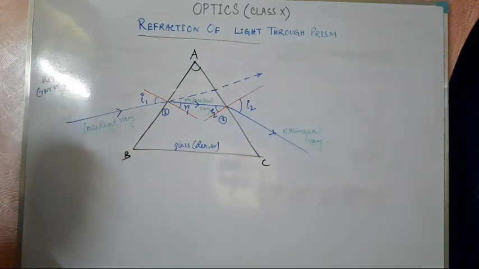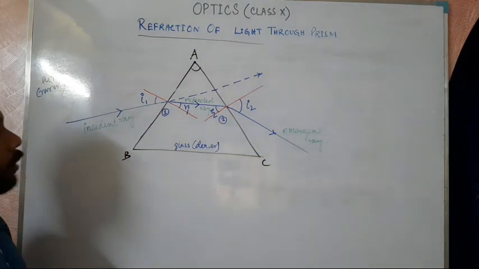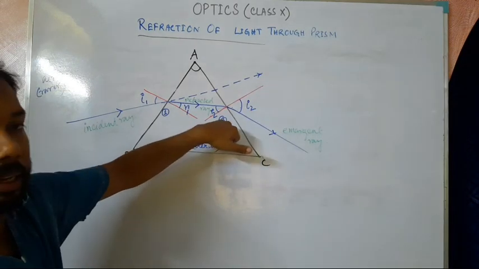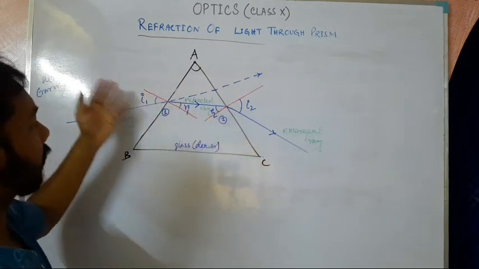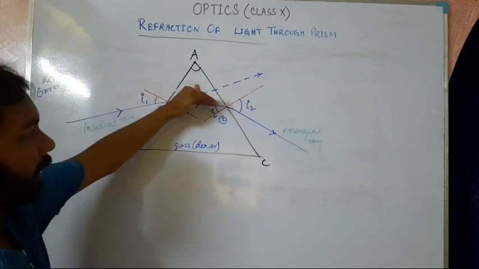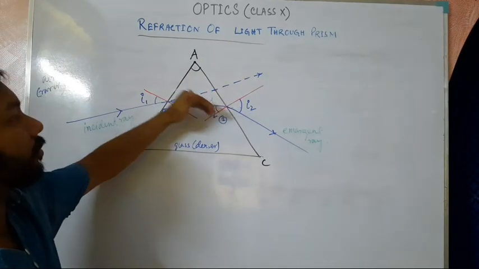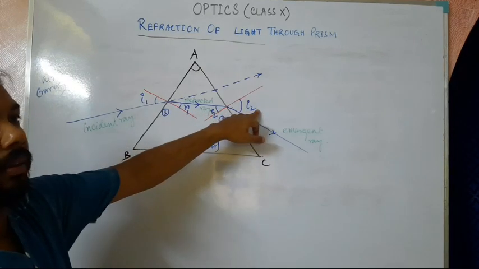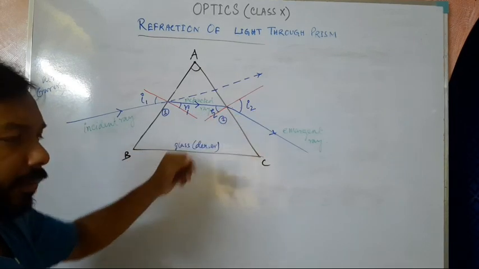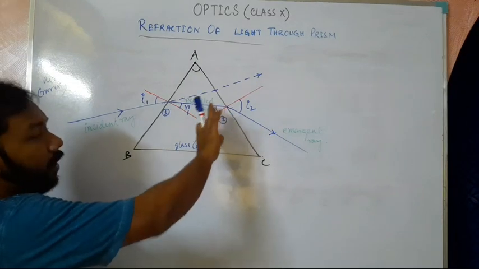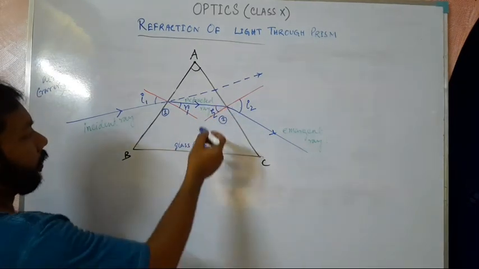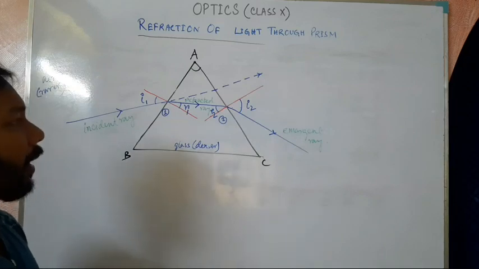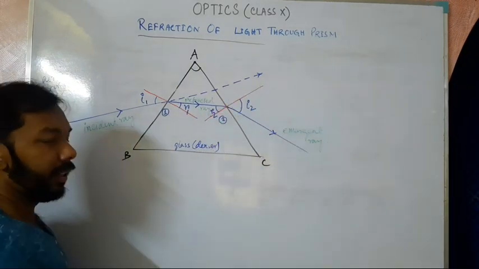Now here is a confusion you might have. Why have I put I2 over here instead of this angle? Because it appears that the light is incident from this side, so that must be the angle of incidence and that must be the angle of refraction. But I have written just the reverse. I have written the angle of refraction inside the prism and the angle of incidence outside the prism.